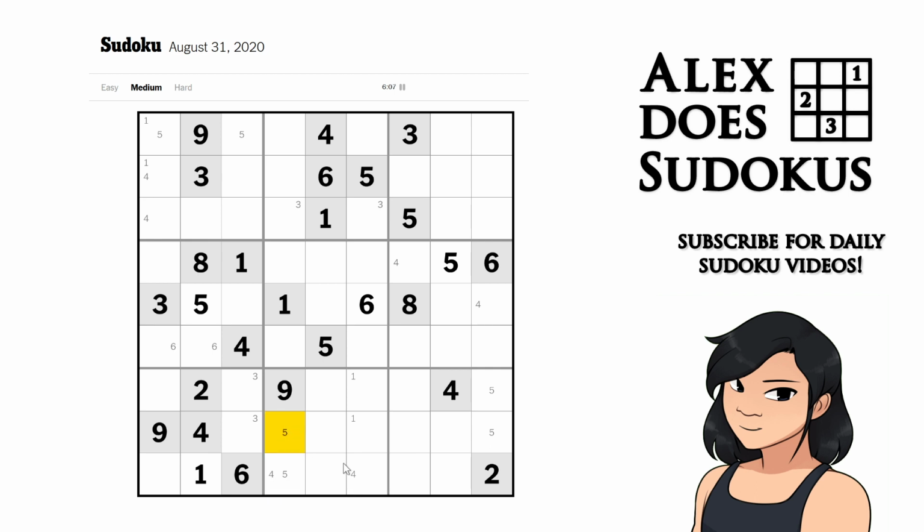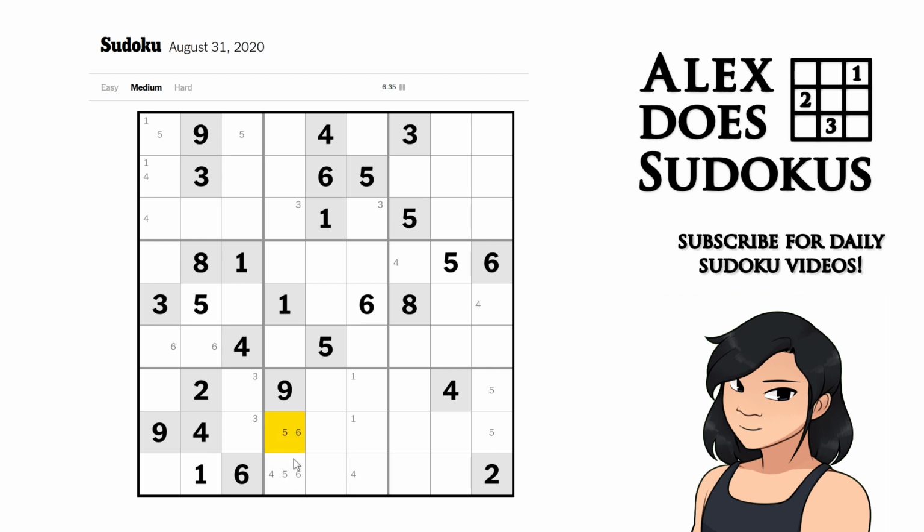I thought I had a bit of clever logic there, because if I did pencil mark in the 6s, it creates a matching pair of 5s and 6s, because if the 5 goes in there, 6 has to go in there. And if the 6 goes in here, 5 has to go in there, because the two numbers share the same 2 cells as possible candidates. And that would basically force any other numbers out of those 2 cells, forcing a 4 over there.